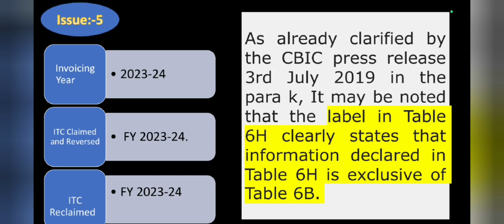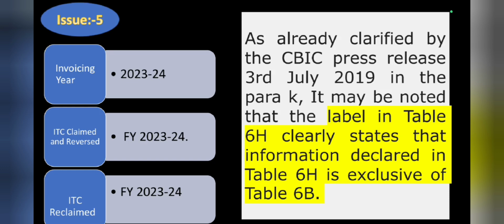Then how to report this value in the GSTR 9? Should we report this reclaimed ITC in 8C or 13? In this case, CBIC said that we should mention this value in table 6 of the GSTR 9.